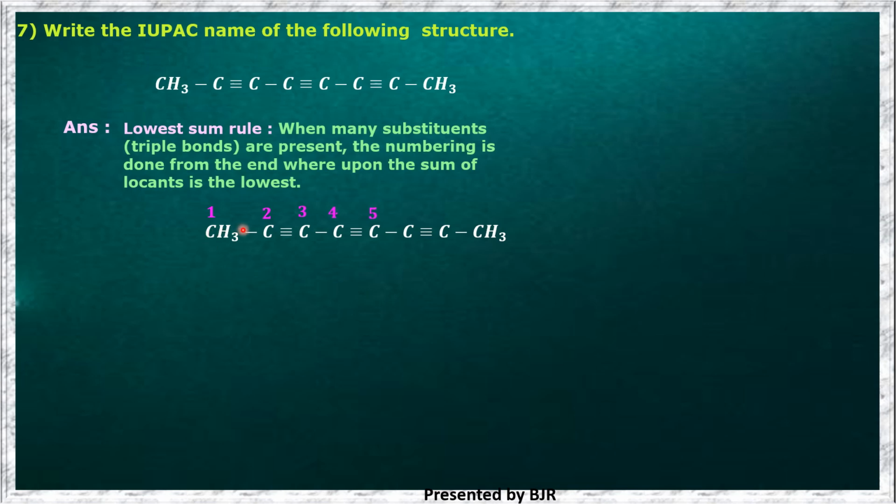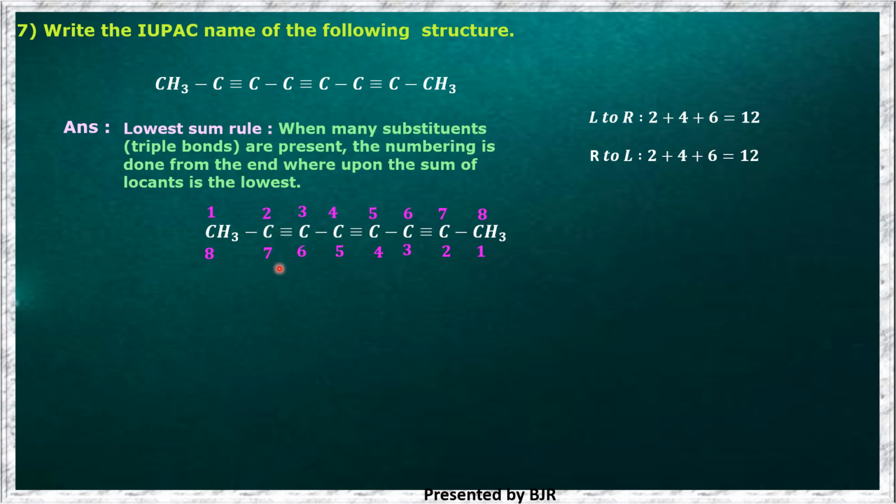So here numbering is being done from left to right. The locants are 2, 4, 6. If numbering is done from right to left, 2, 4, 6. So from left to right, the sum of locants is 12. Right to left also, 2 plus 4 plus 6 is equal to 12.